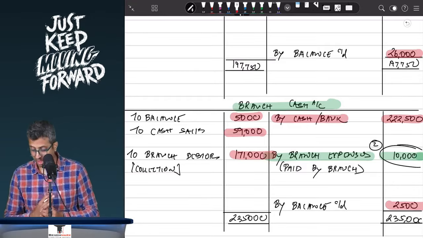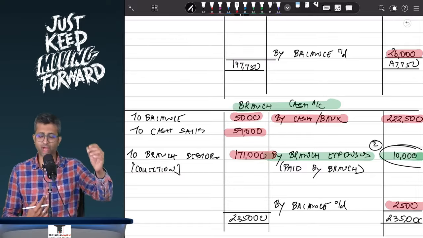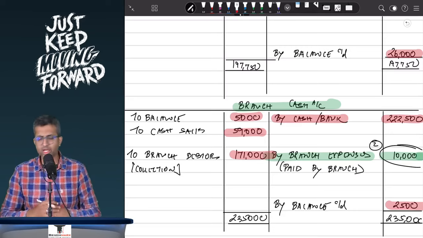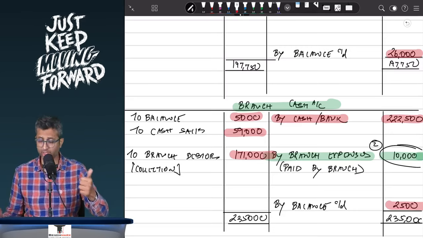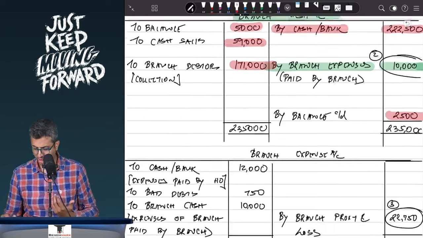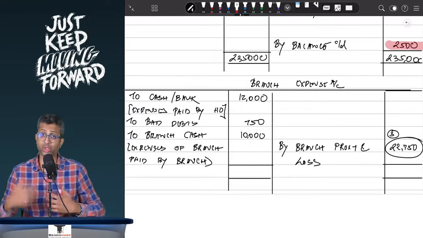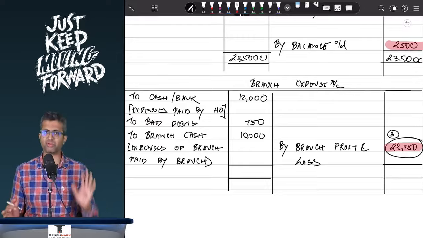So to find the branch expenses which are paid by the branch, in the beginning they've told that expenses are paid by the branch as well as the head office. You prepare this account and see that 10,000 must be the expenses. So your total expenses include 10,000 over here, 750 on account of bad debts and another 12,000 which is paid by the head office. All said and done, there's a 22,750 of expenses.